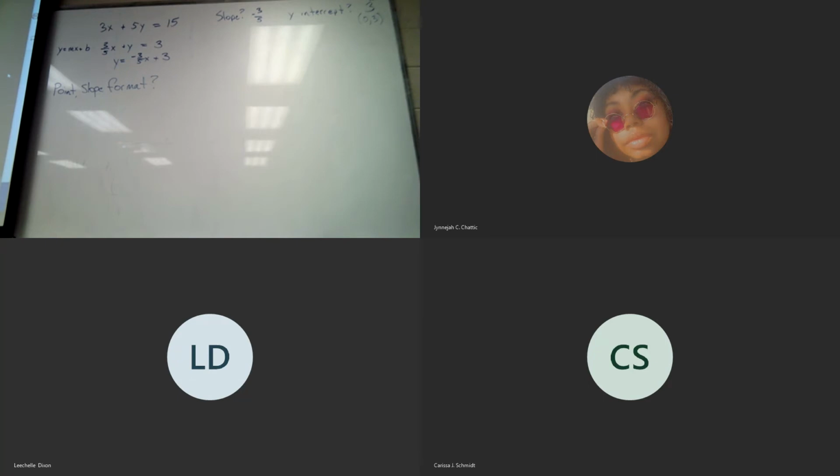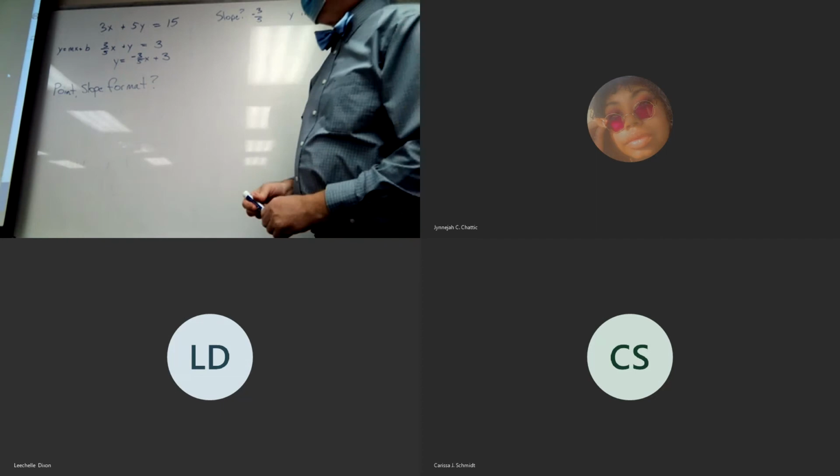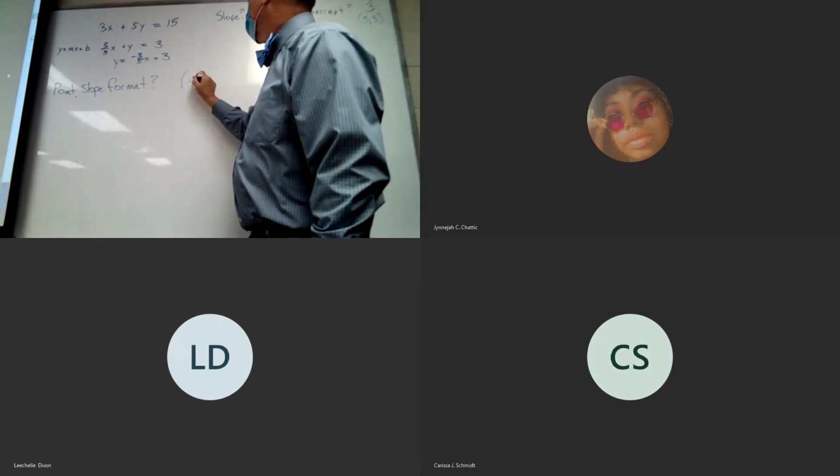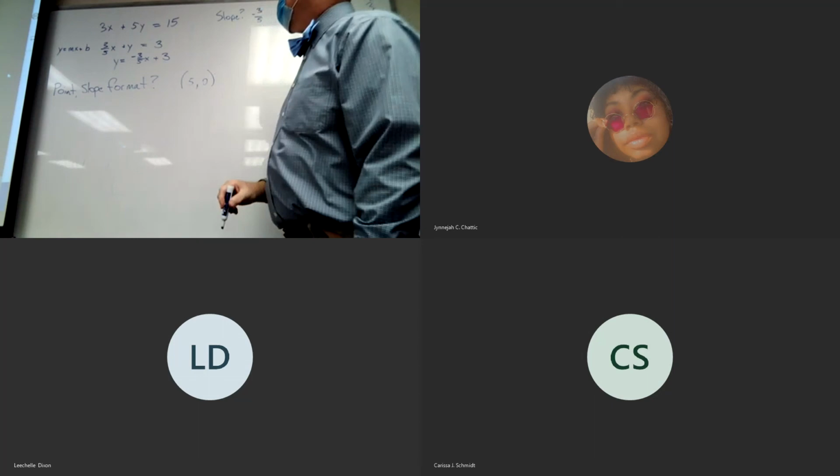I know that it goes through the point when x is 5, it's at 0. I didn't tell you what point it had to go through. I just know the slope and the y-intercept. It's up to me to find a point that is on the line. If I choose (5, 0), it makes it a little easier.